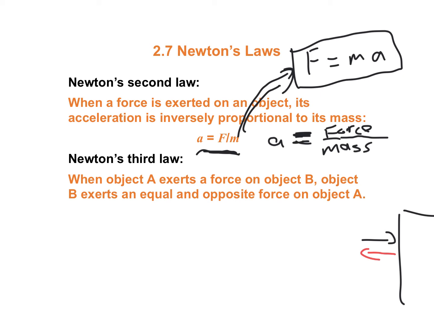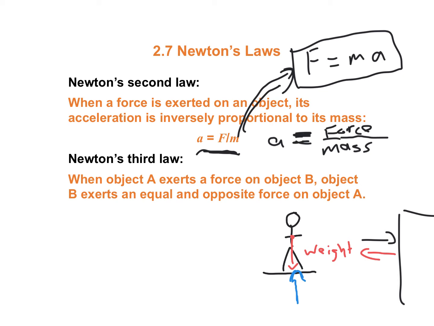It's the same idea if I'm standing on the ground. There's going to be a force due to my weight pushing me into the ground. What's the floor going to do? The floor is going to push back with an equal and opposite force. How do I know that's happening? Because I'm not accelerating downward.